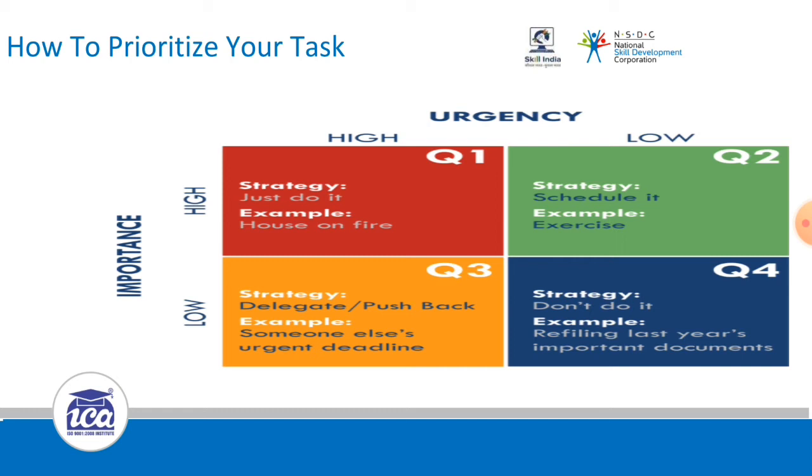So better you should delete it, or make sure that you are not wasting your time on these kinds of tasks which have less urgency and less importance. Okay, so this is about the priority matrix, which will help you to get the higher priority tasks.